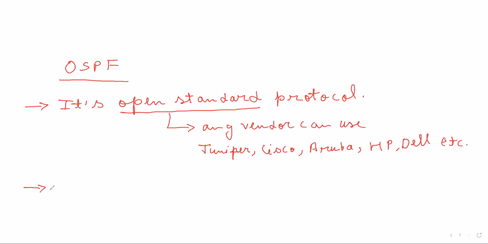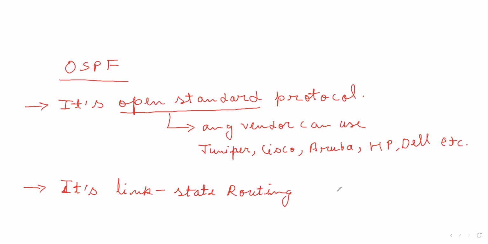It's completed. Okay, it's a link state protocol. It's a category. It's a link state routing protocol. Link state means when any change occurs, then OSPF will send a message.